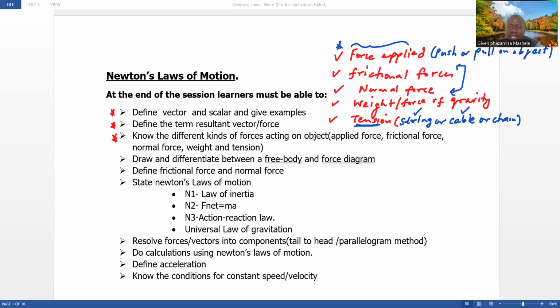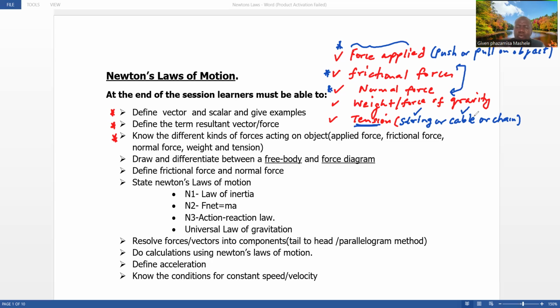But I'll explain particularly in terms of the definition. Usually they can ask you to define what is a frictional force or what is a normal force. So weight is just the gravitational force that is exerted on an object, usually vertically downwards.